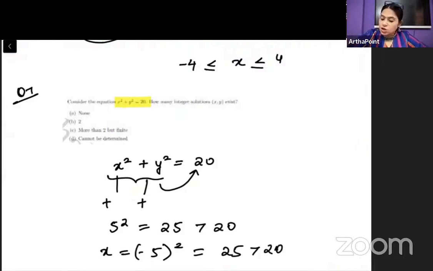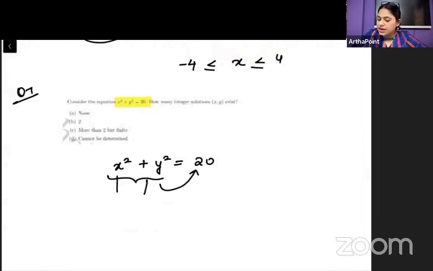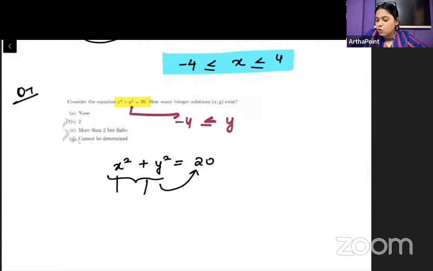And I need integers. So this goes ahead and tells me that my x will be anything between -4 to 4. Similarly, we are pretty sure that y can also be anything between -4 to 4, right?